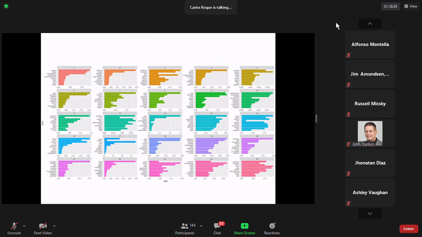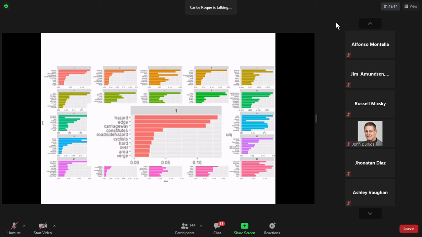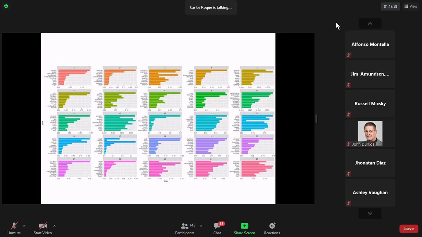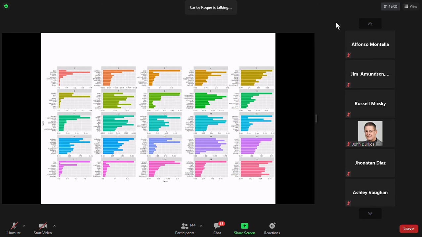So to provide a better understanding of the LDA's latent topics, this figure presents some examples of the topic-specific word probabilities for the 25 topics of the problems record set. For instance, the word hazard has a 13% probability of being generated from topic 1, whereas verge has a 2% probability of being generated from the same topic. Again, in this figure, we have the same idea for the topics of the solution record set.